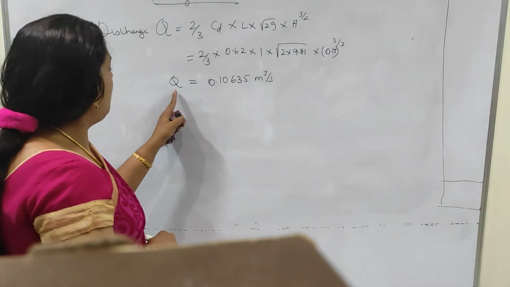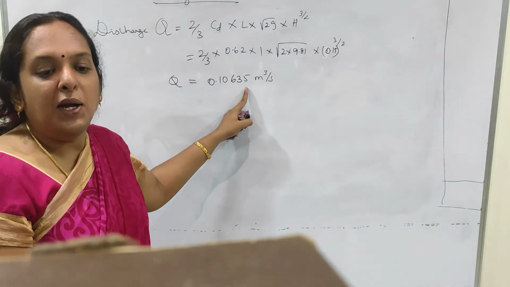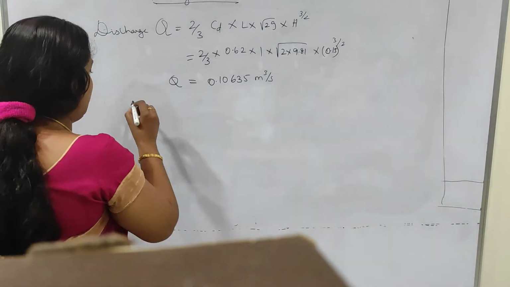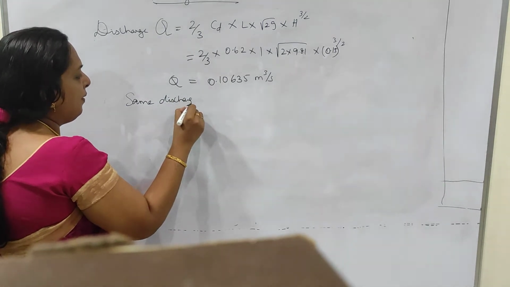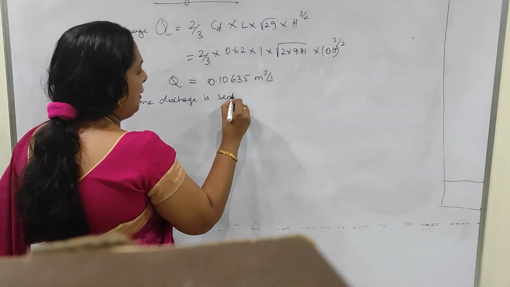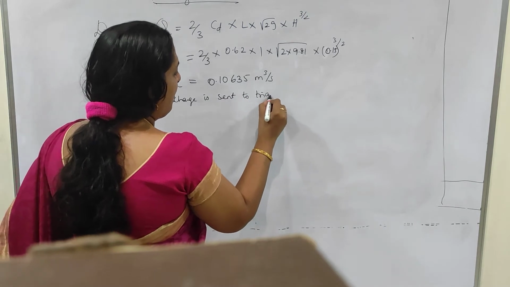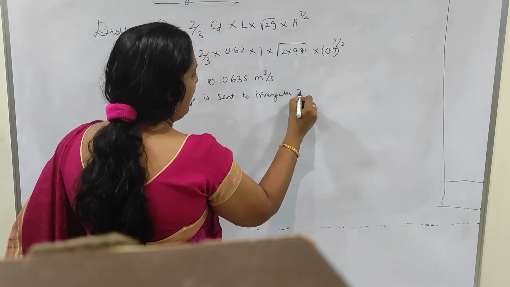So here is the discharge I have found. Now, as it is given that the same discharge is sent to my triangular right angled weir.